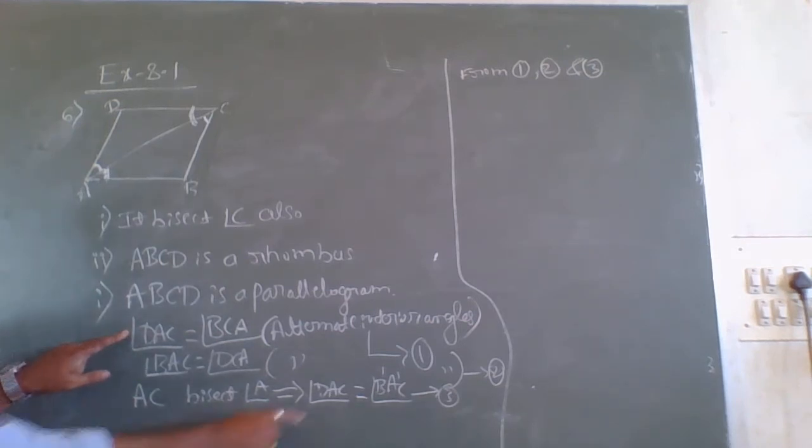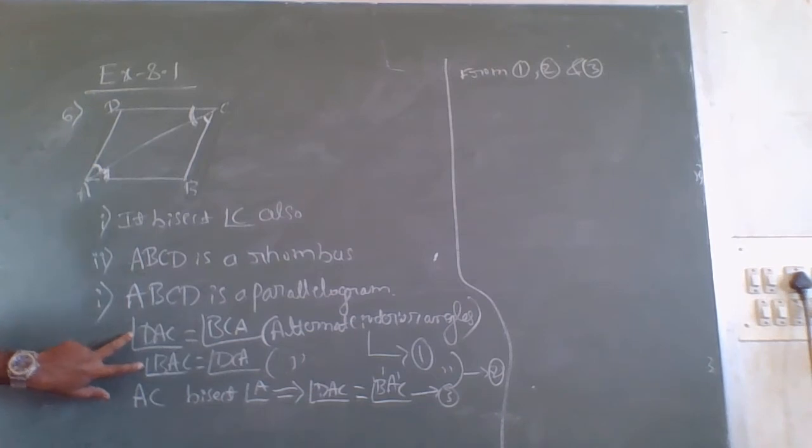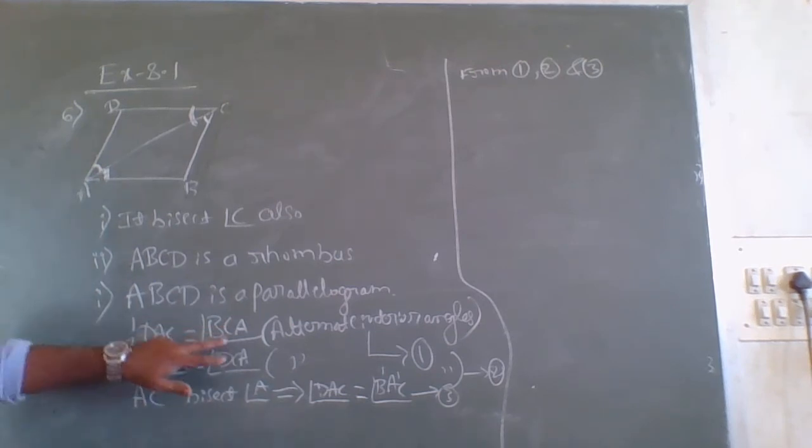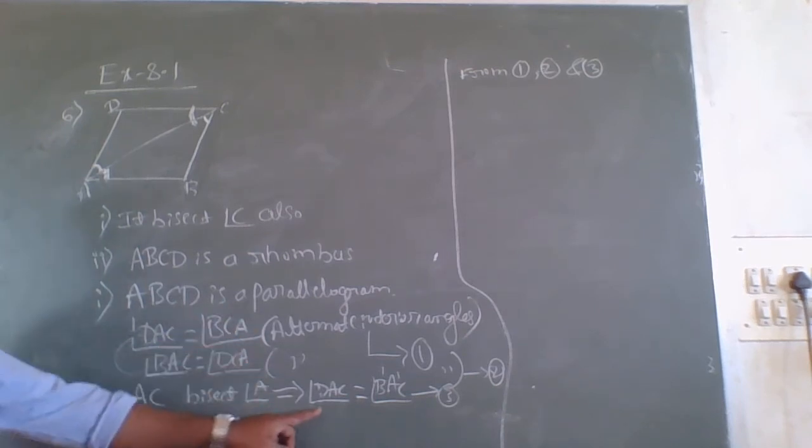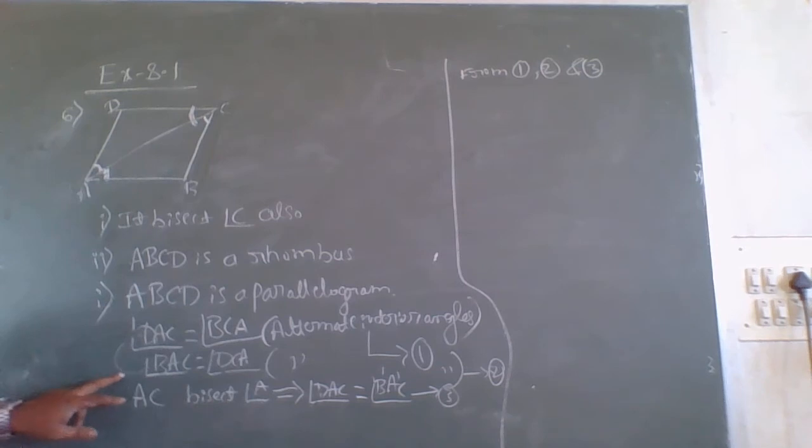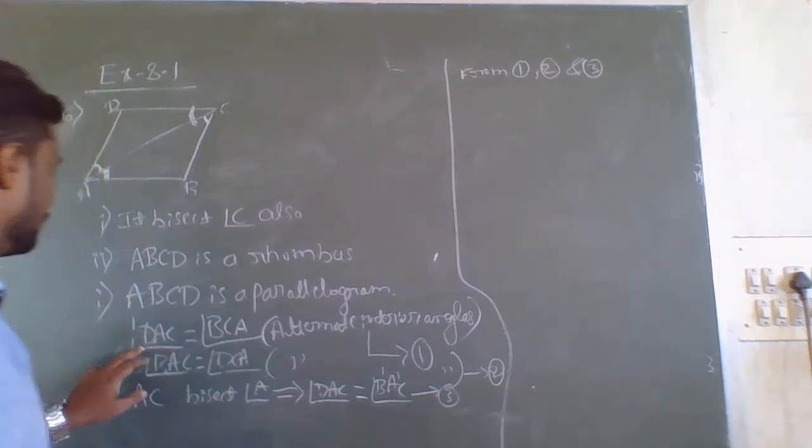DAC is equal to BAC, BAC is equal to BCA, and BAC is equal to DCA. From the third, DAC is equal to BAC. So if these two are equal, then all four angles are equal.